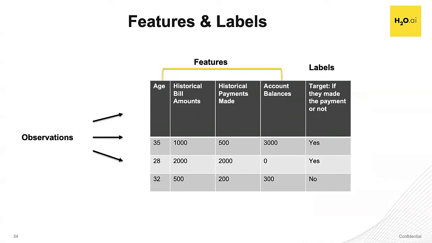Let's see. I touched upon the concept of features previously too, where I said features are the parameters. So what is a label? You can see it's the same example that I have. The features are the descriptive attributes, and the label is what you are trying to predict or forecast. It is also called the target. So what essentially happens is you collect historical data, and that historical data has labels.